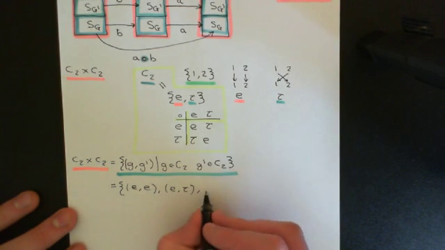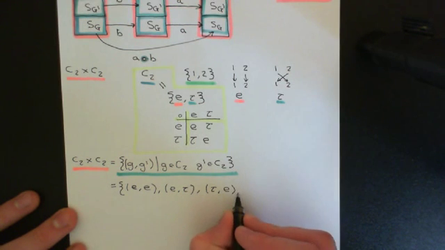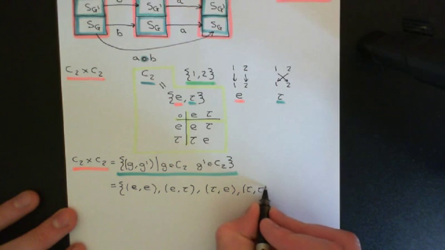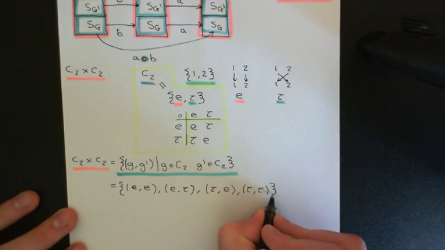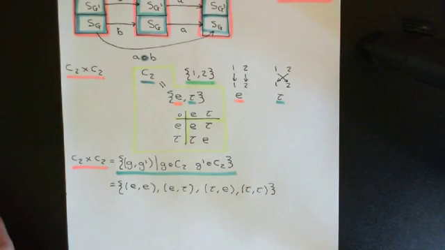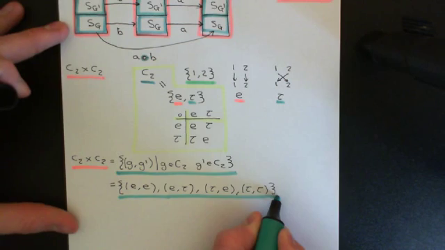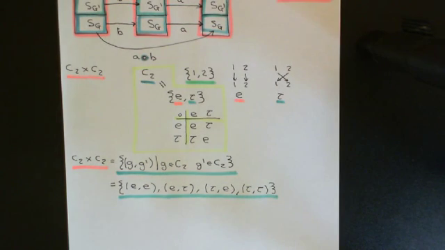Now we switch the first one, and we have tau and the identity, and then finally we switch the second one again to tau, and we have tau tau. Those are all possible ordered pairs that you could construct, where the first entry is from C2 and the second entry is also from C2. So those are all the elements in our product group. This is the set so far.